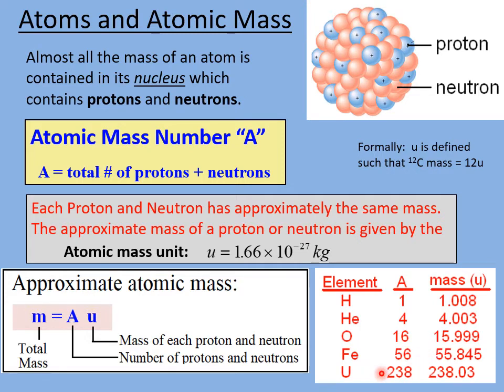And here you can see uranium, which is one of the heaviest naturally occurring elements, has an atomic mass number of 238. It has 92 protons and a whole bunch of neutrons, but a total of 238 of them, and you can see its actual mass is 238.03. So the message here is that for this chapter and this course, we can estimate the atomic mass very accurately by just using the atomic mass number, which all we have to know is how many protons and how many neutrons.